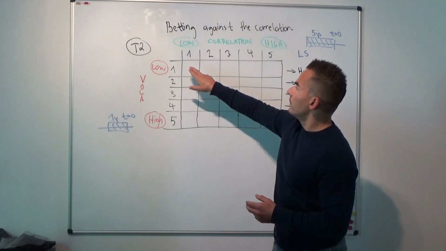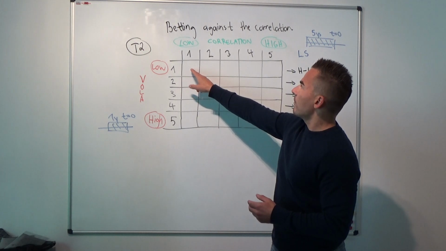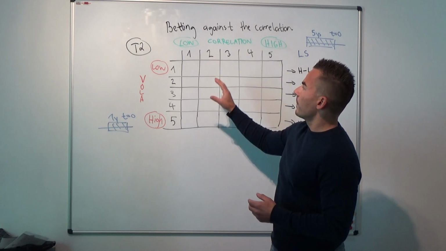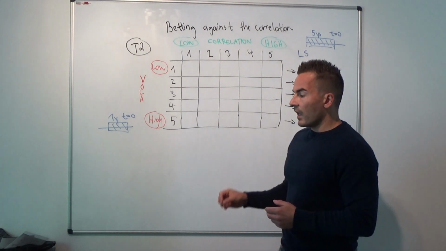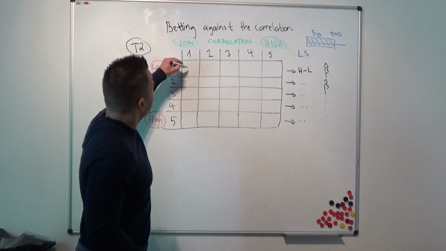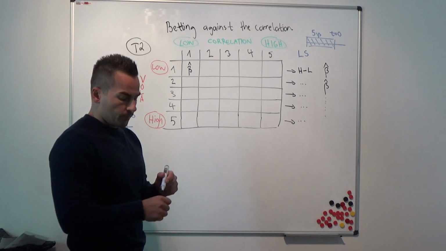For instance, this portfolio here on the left hand side has stocks that have low correlation and low volatility. And what they report in panel A is the corresponding beta hat of that portfolio.